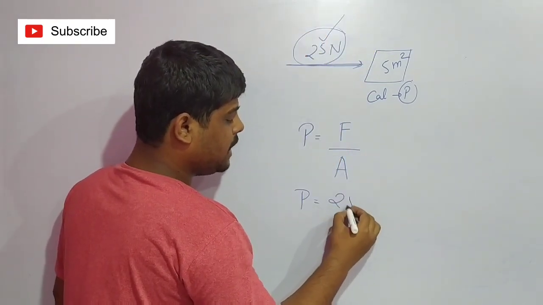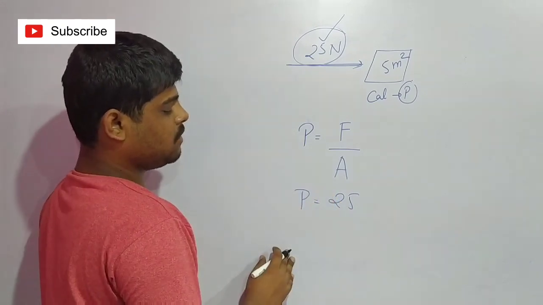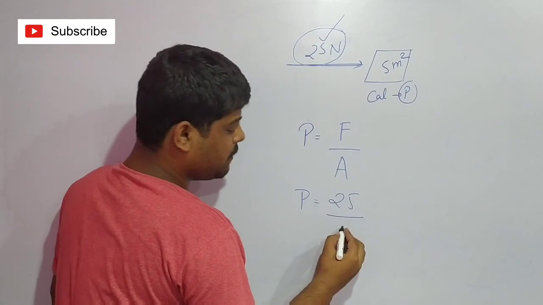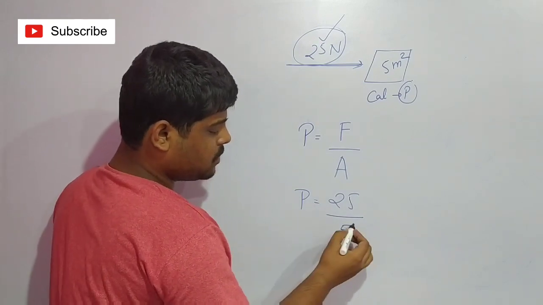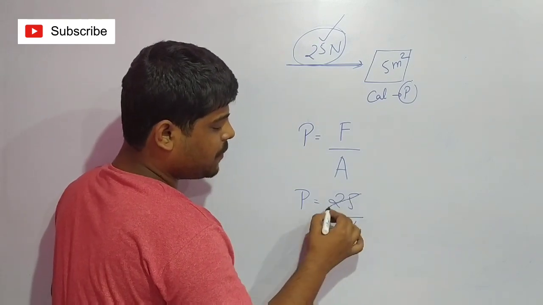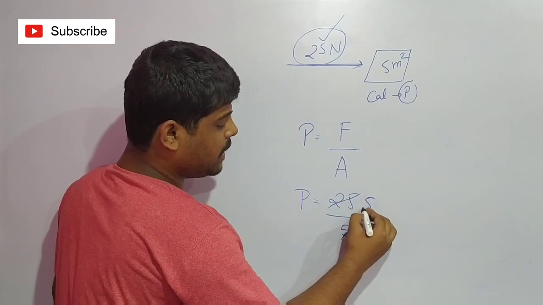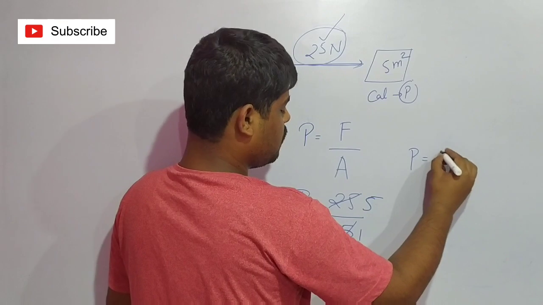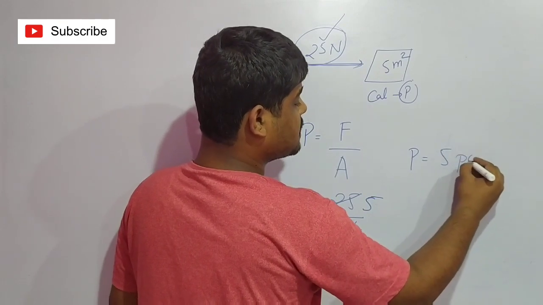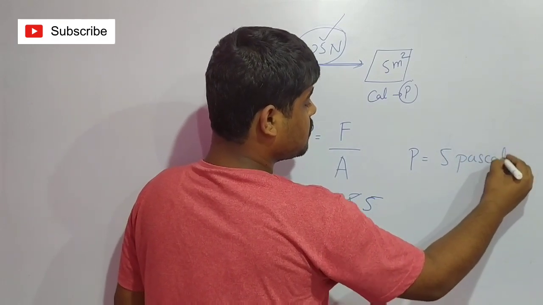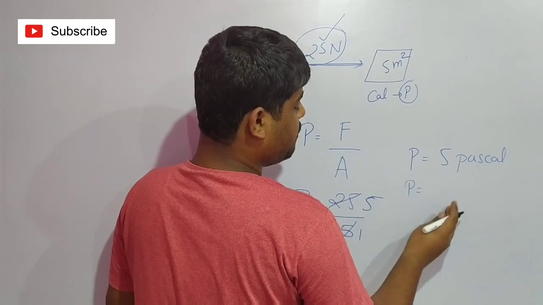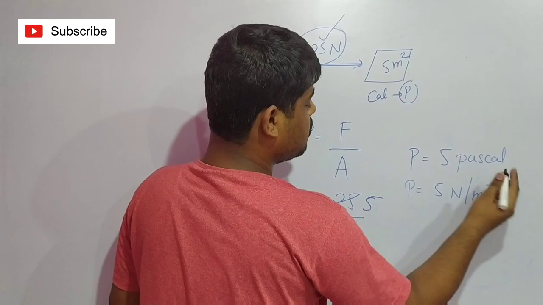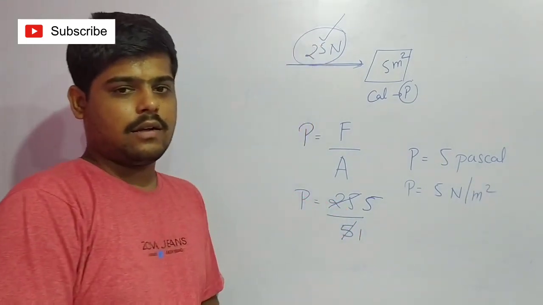So we write 25 in the place of force, upon area. What is the area? 5 meter square. So 5 fives are 25. So pressure is equal to 5 Pascal, or pressure is equal to 5 Newton per meter square. Both can be written, both are correct.